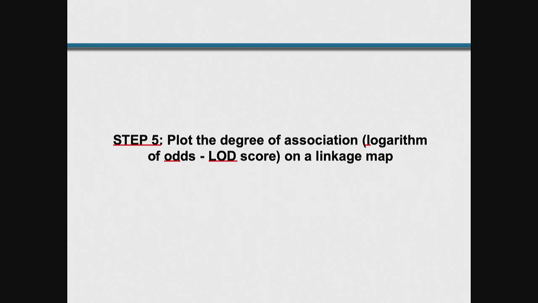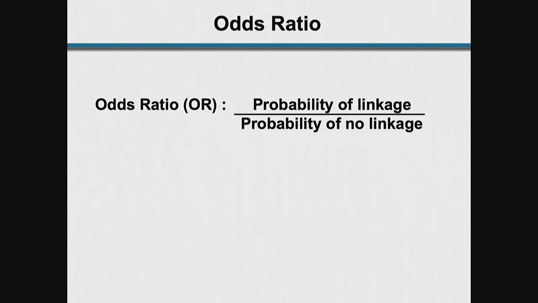So what is that? This odds ratio is called a ratio because it's a ratio of odds. It's a ratio of the probability that you see the data given that there is a linked QTL, over the probability of the data given that there is no QTL, all right?